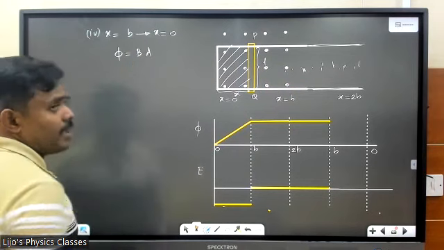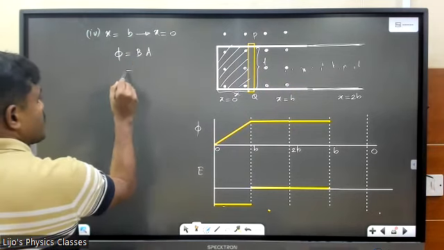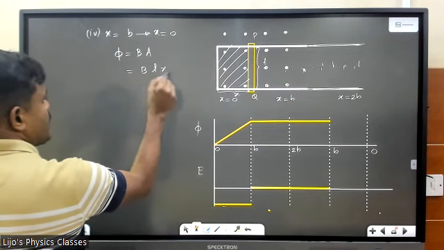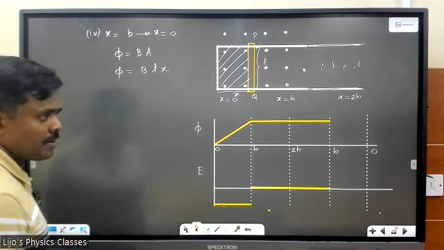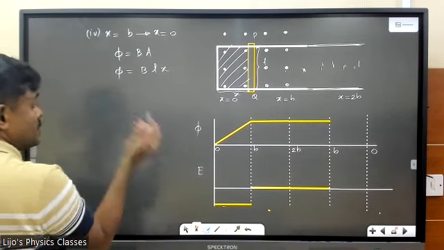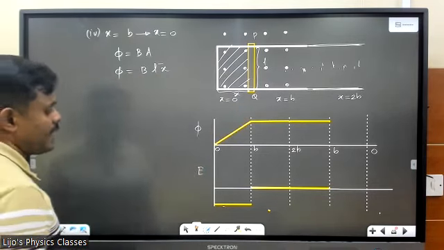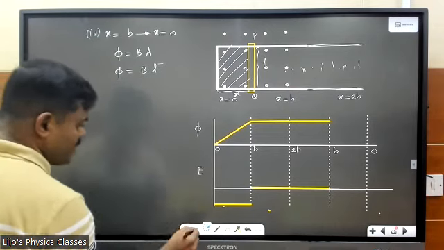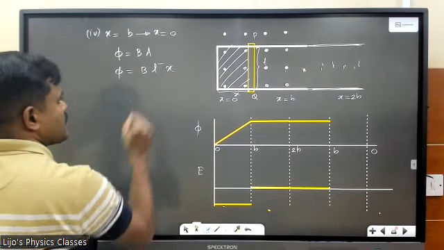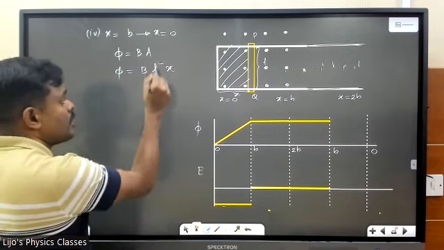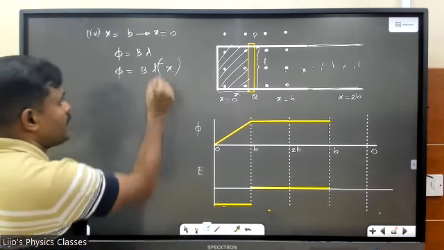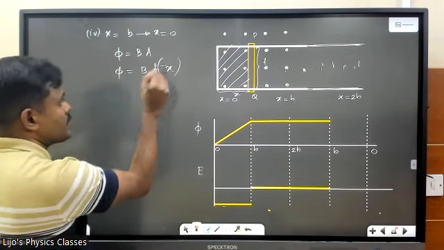Flux is B into area, that is equal to B into L into X. Since it is going to the left, you must assign direction to it. So it is rather minus X. B into L into minus X.